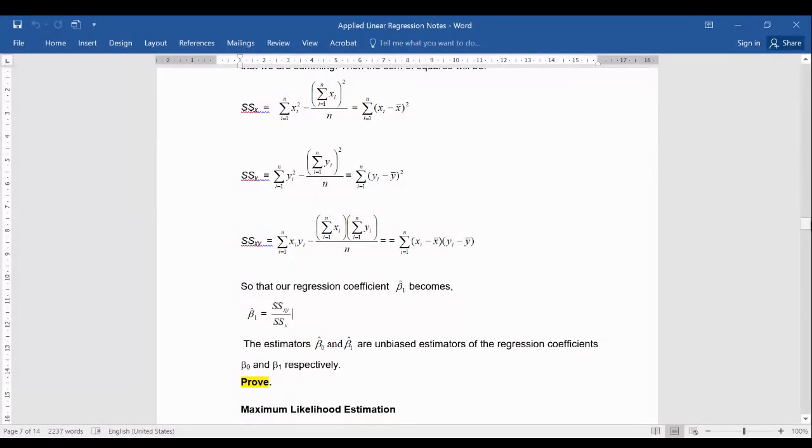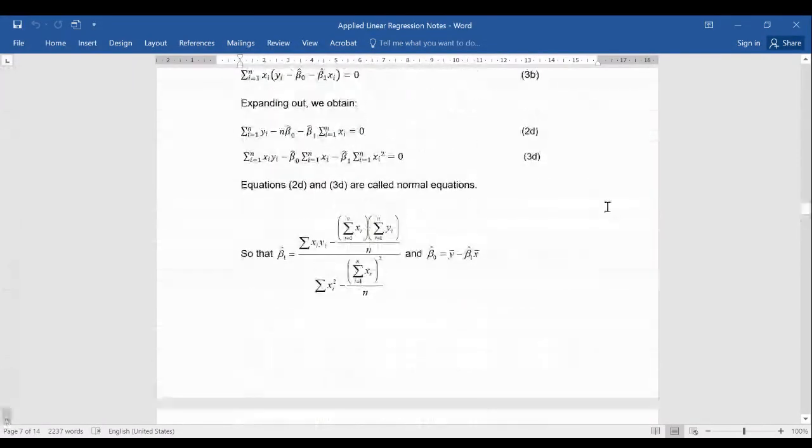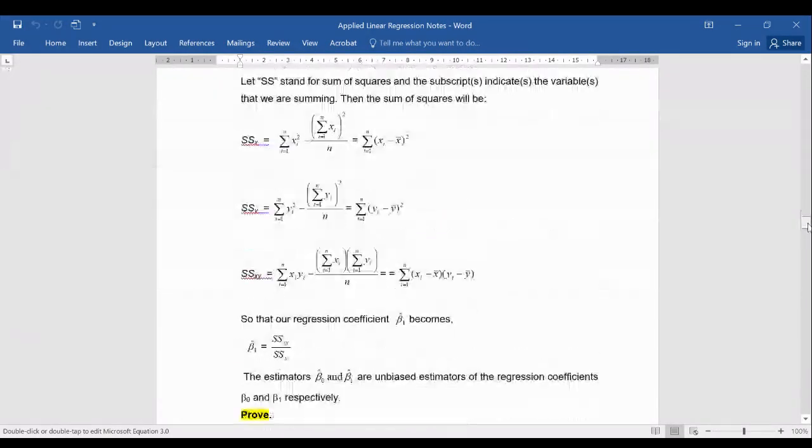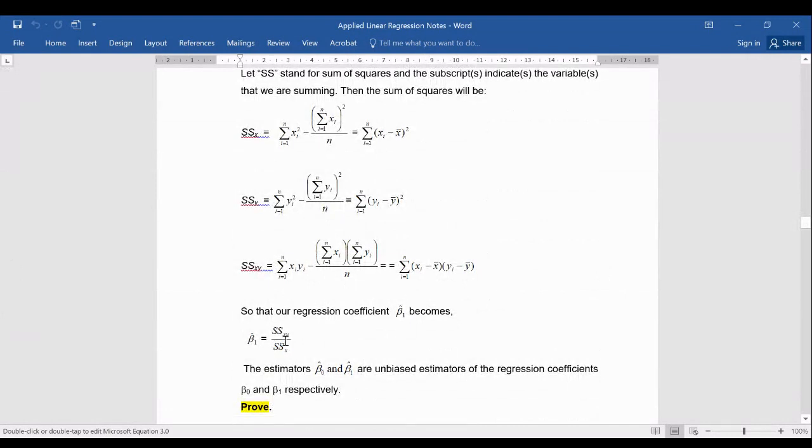If you look at how this expression is written here, we have the summation of xi yi minus the summation of xi multiplied by the summation of yi divided by n. That part is nothing but SSXY, and we are saying SSXY can also be written in this way.